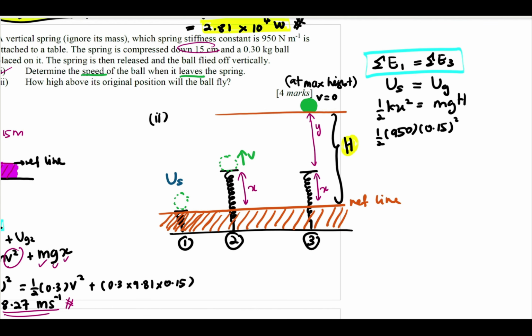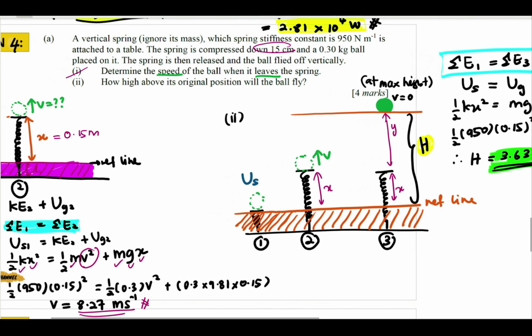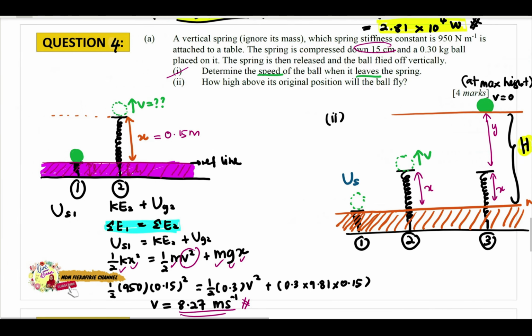And the mass is 0.3 times H. Alright. So, therefore, you can get the value of H. It is 3.63 meter. Okay, so this is the answer. Okay, 3.63 meter. Alright, so finish question 4A.